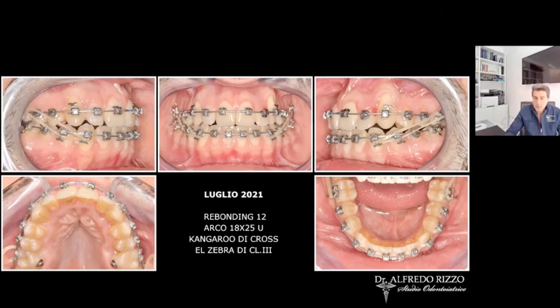I return to the kangaroo cross elastics and I add class 3 zebra elastics because as the expansion was developing, we need to keep the upper jaw in front so that I keep class 1 canine bite.